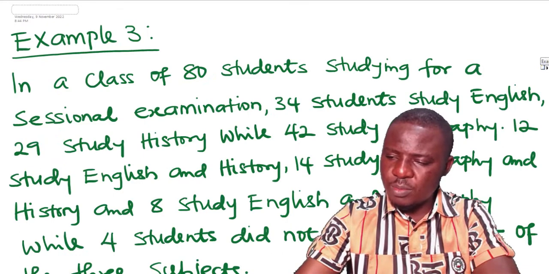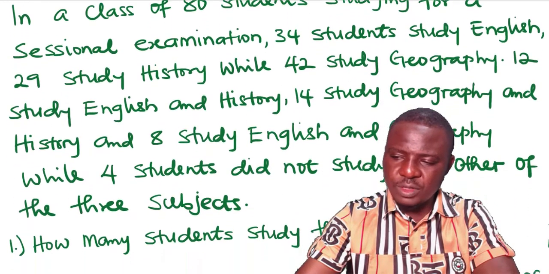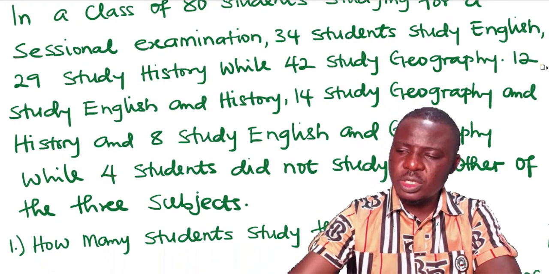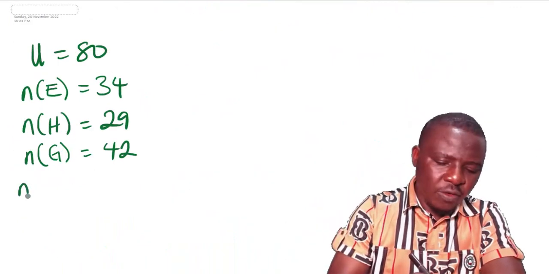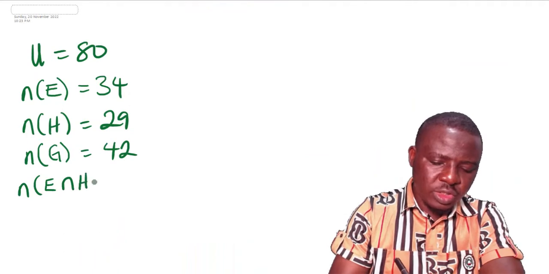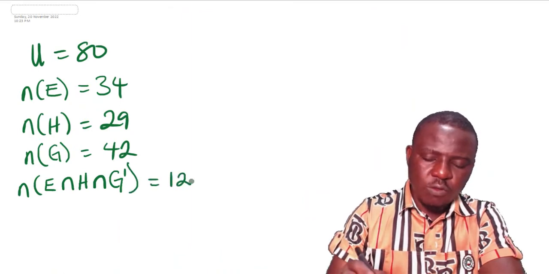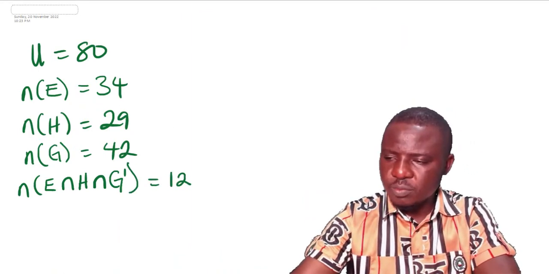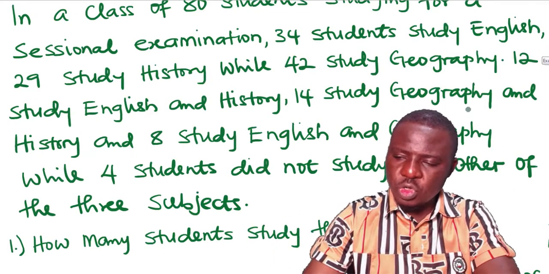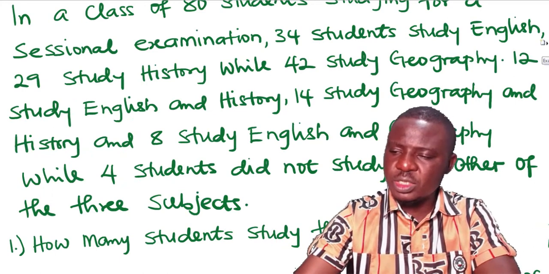We also have more of the parameters given, that 12 study English and history. So we have n of English intersection history intersection geography prime is 12, while 14 study geography and history.